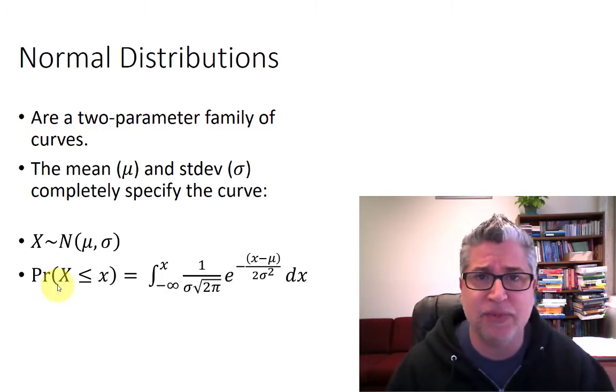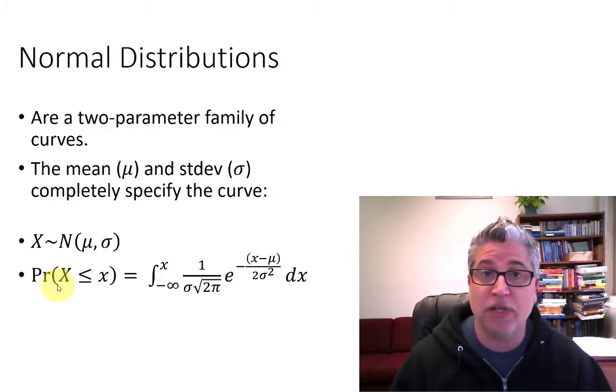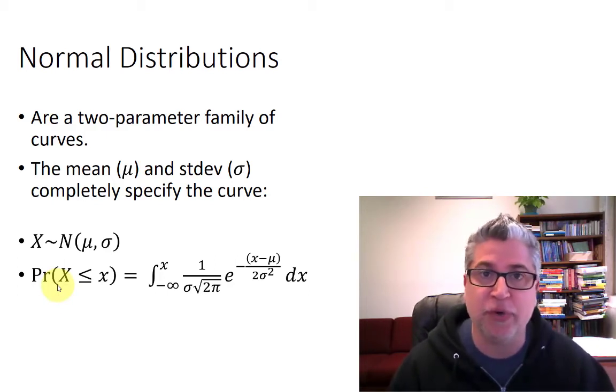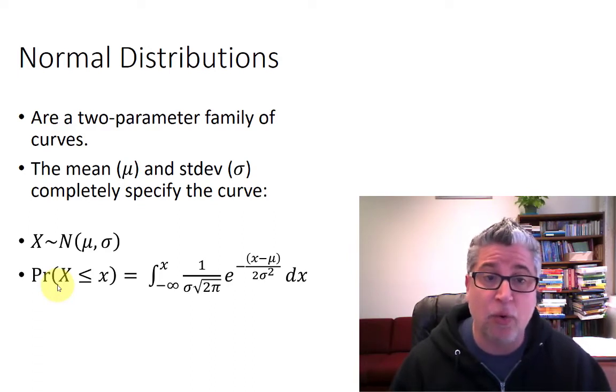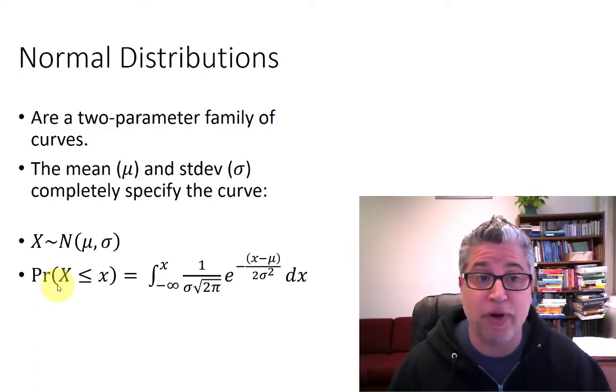Long gone are the days when statisticians had to use those tables. As a matter of fact, we can do almost all of our calculations without even converting to a standard normal, which is what those tables are about. So you can work directly with the distribution that you're interested in, and you can do that very easily in Excel or any of the more sophisticated statistical programs.